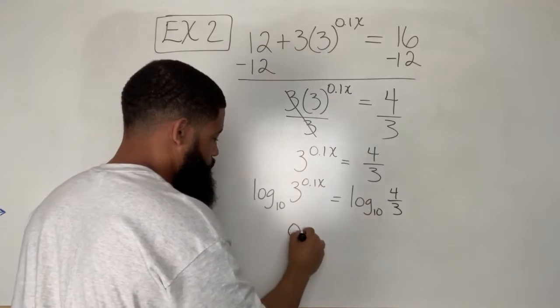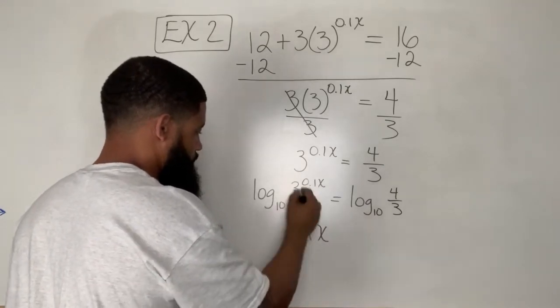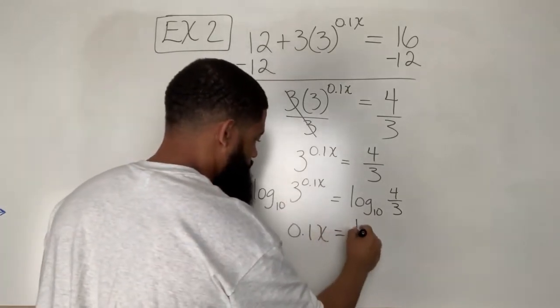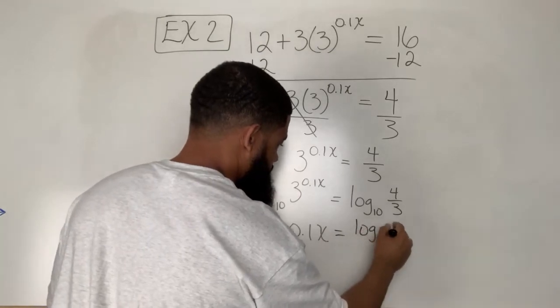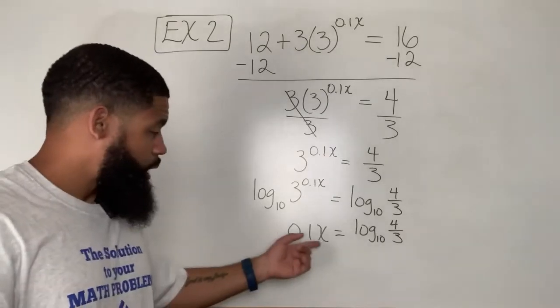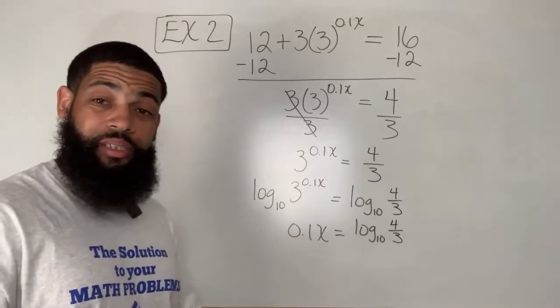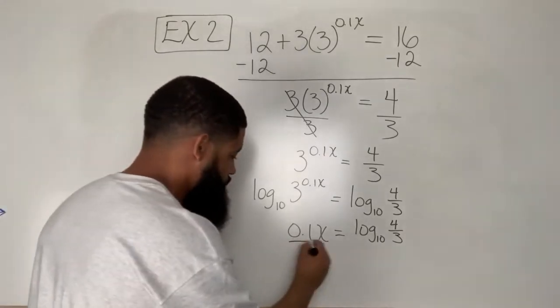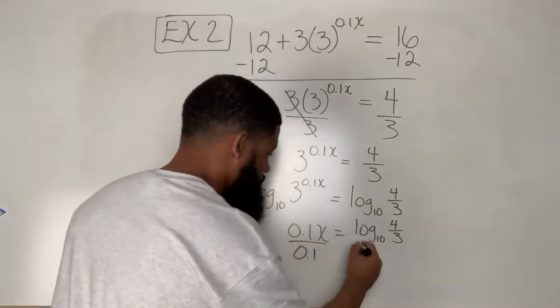That leaves me with 0.1x, because those cancel, is equal to log base 10 of 4 over 3. And now I'm multiplying here, so the opposite of that is dividing. I need to divide both sides by 0.1.